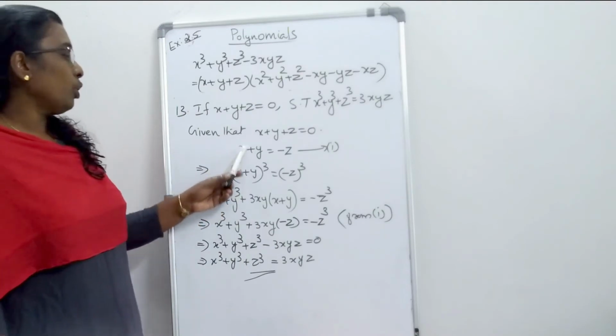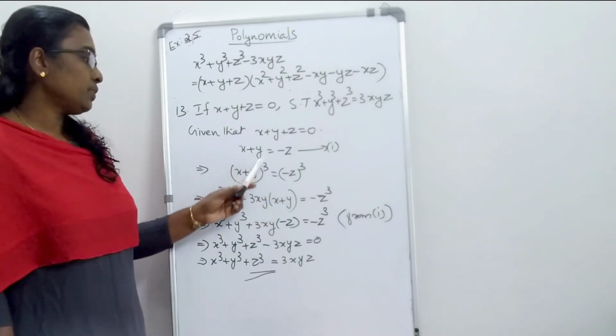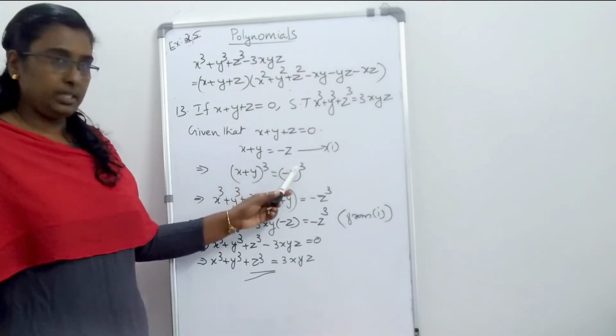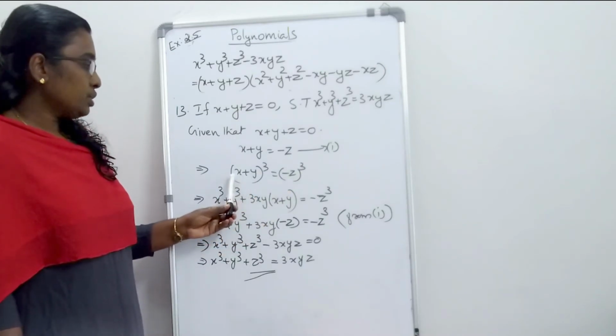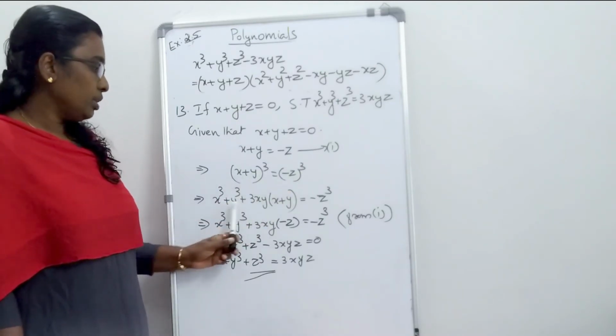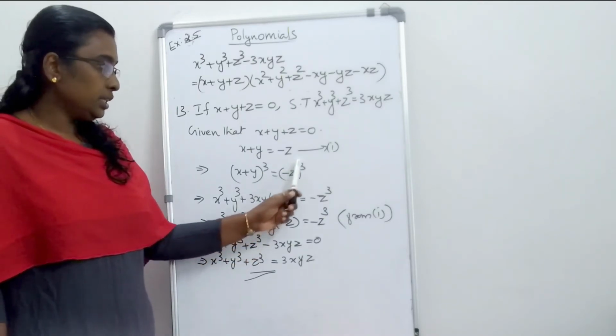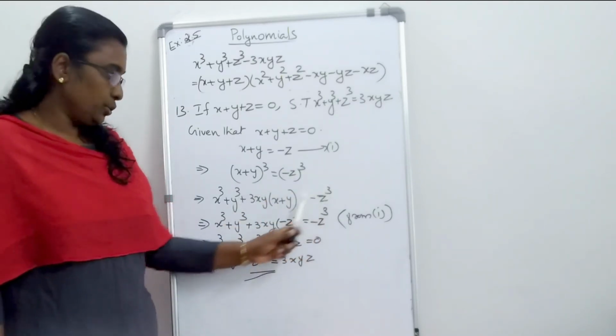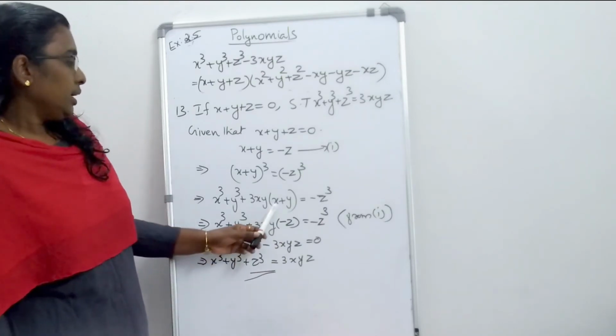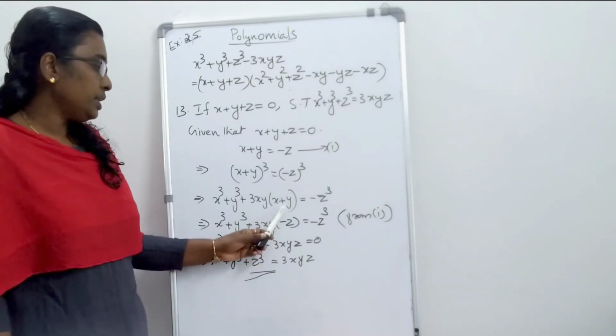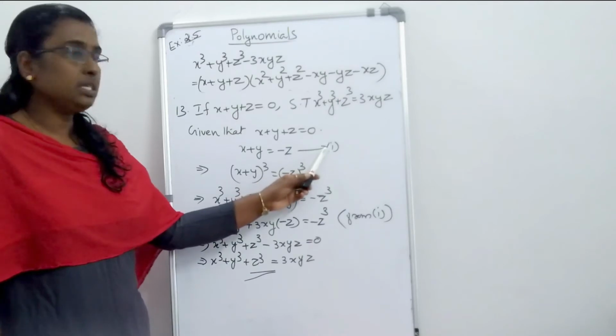Then take cube on both sides. X plus y the whole cube equal to minus z the whole cube. Using the identity a plus b the whole cube, write x plus y the whole cube like this. Minus z the whole cube is minus z cube. Then in place of x plus y, we substitute minus z from this equation.